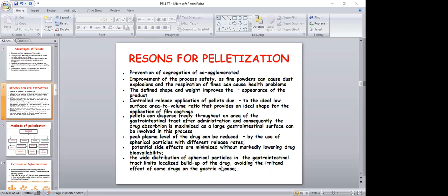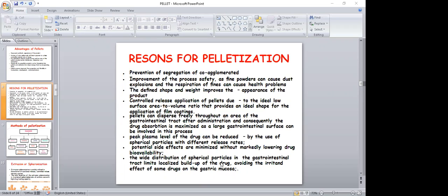Reasons for pelletization. First, for the prevention of segregation of coagglomerated pellets or the powder. Then, it gives a defined shape and weight so that the appearance of your product is also increased.